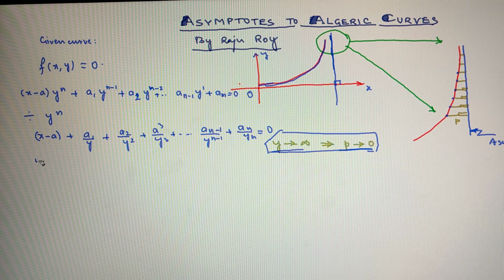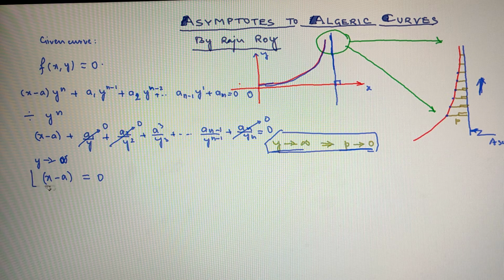Now when y tends to infinity, what happens? x minus a is equal to 0, right? Because all the other terms will become 0.